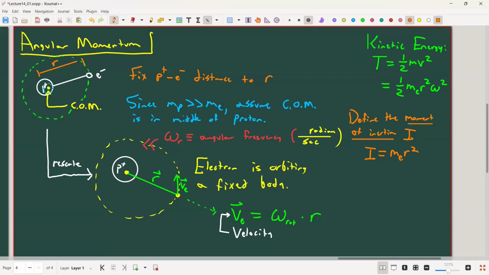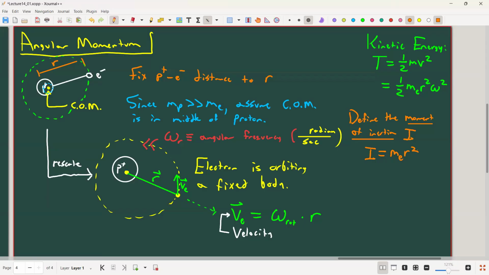And so as m_e r squared gets larger, omega gets smaller, and vice versa. So the moment of inertia converts mass and distance and angular frequency given energy. In some sense, it takes more energy to spin a larger object up to some frequency than a smaller object.